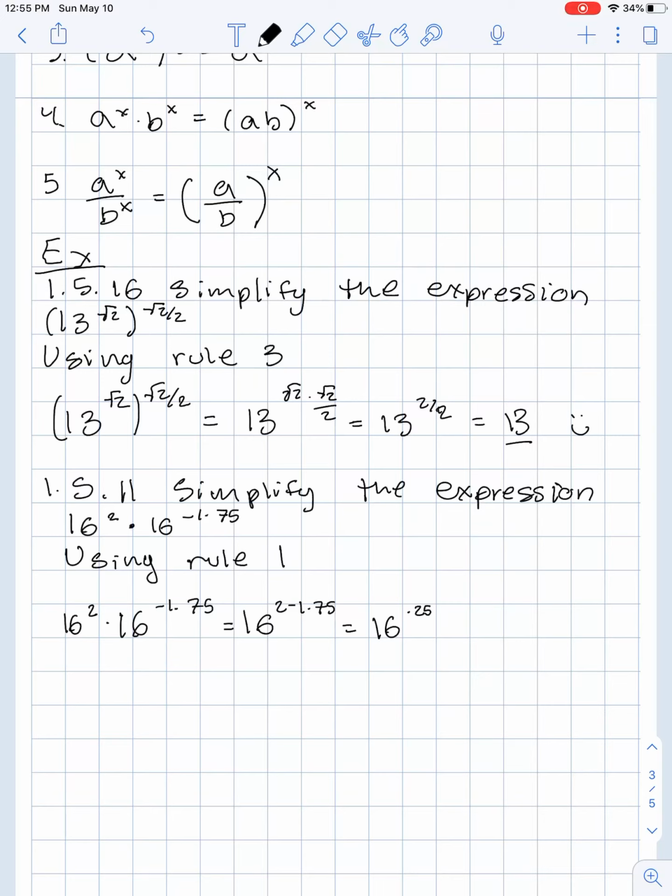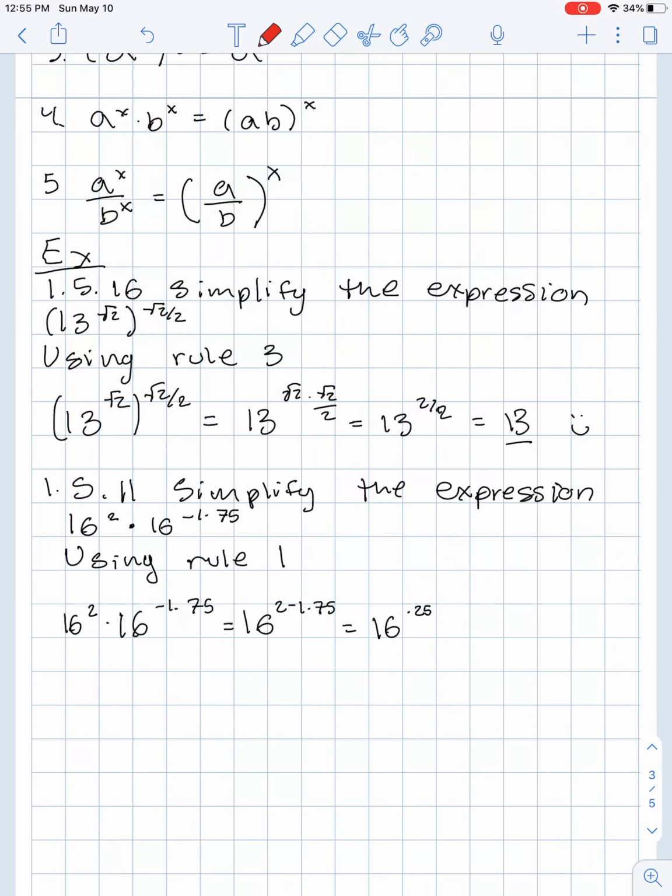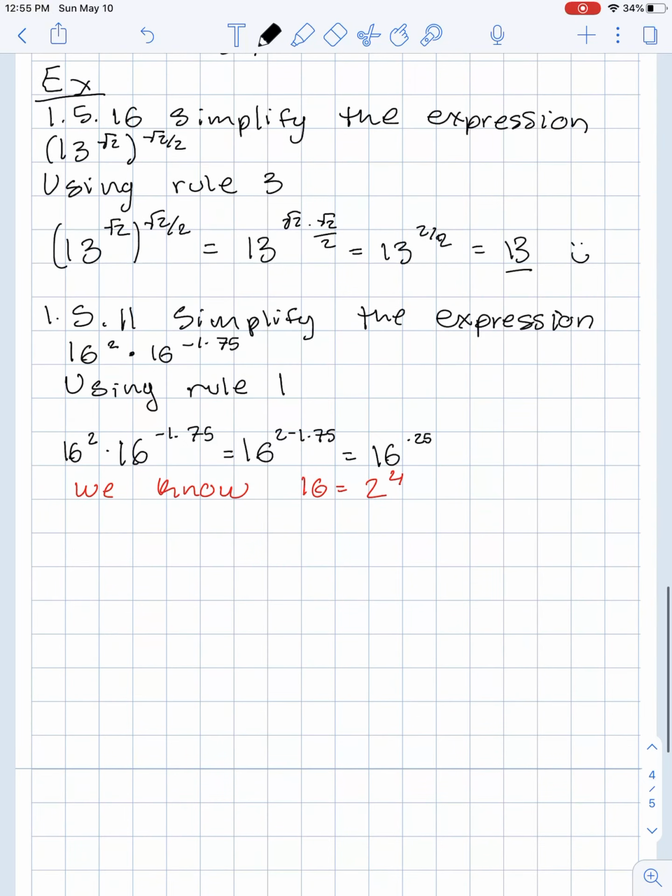Well, I think I can simplify this a little bit more. I know I can rewrite 16 as 2 to the what? 2 to the 4th, right? So I can write 16 to the 0.25 as 2 to the 4th to the 0.25.